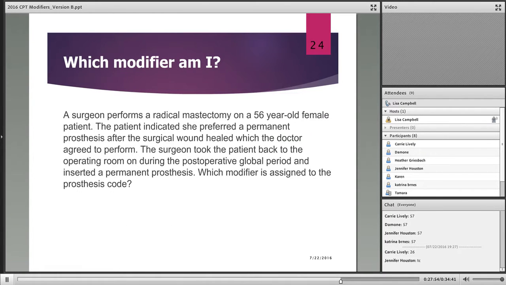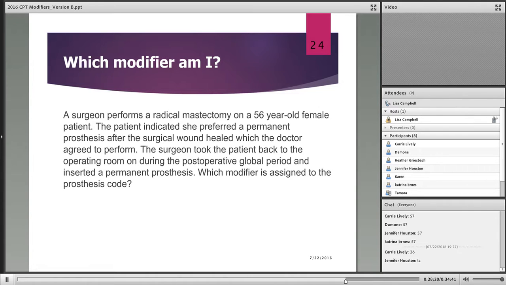Okay, next up. A surgeon performs a radical mastectomy on a 56-year-old female patient. The patient indicated that she preferred a permanent prosthesis after the surgical wound healed, which the doctor agreed to perform. The surgeon took the patient back to the operating room during the postoperative global period and inserted a permanent prosthesis.